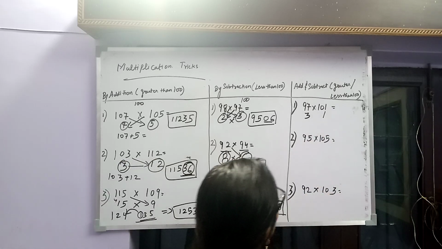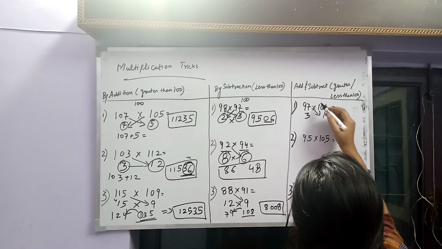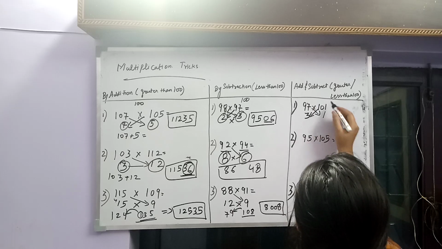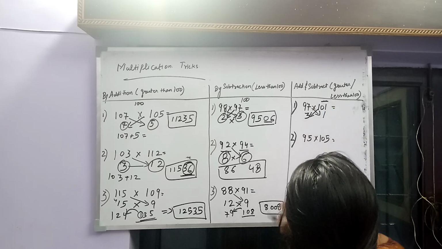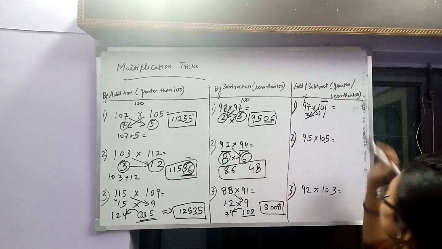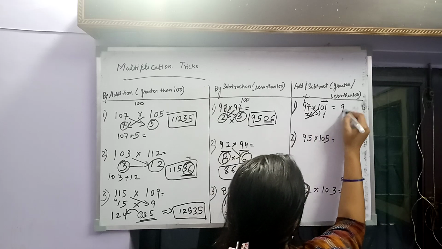Now we either add 97 plus 1, or subtract 3 from the other number. You can choose either way. I am choosing adding. So 97 plus 1 is 98.